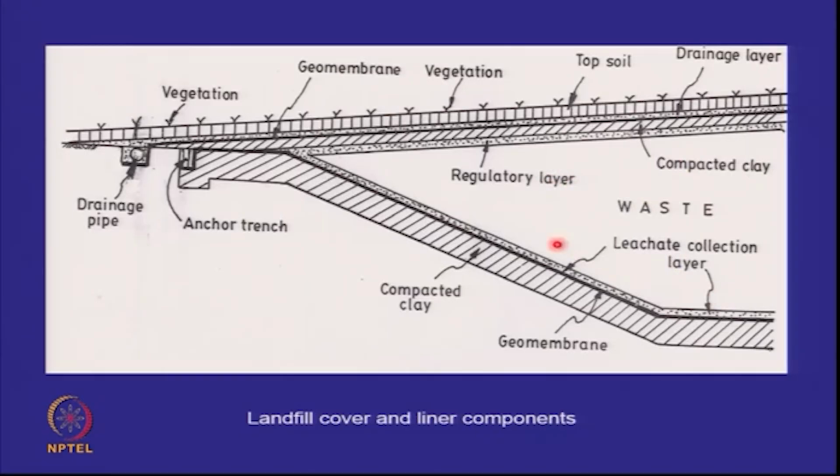So how do we handle this liquid which is coming at the base? And you would recall all the diagrams. We have a composite liner here, and on top of the composite liner we have a 30 centimeter thick layer where the leachate is collected.